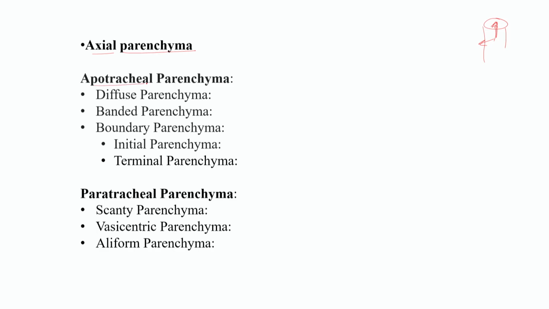One is apotracheal parenchyma. Vessels are there. Suppose you take just a small piece of this longitudinal cross section and try to analyze it.